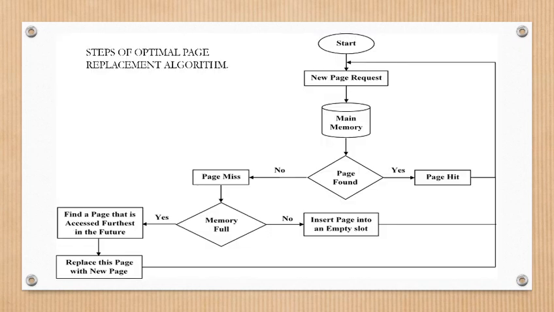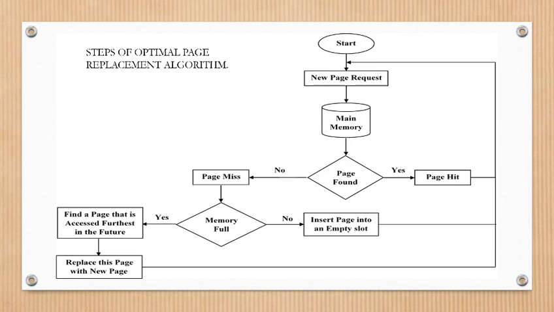Here we can see the flowchart which tells about the steps of the optimal page replacement algorithm. Firstly, we start, that means the frames are empty. When a new request is given, it will be stored in the main memory. If the page is found, then it goes to page hit.